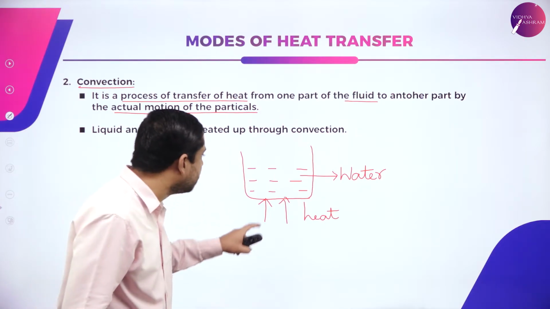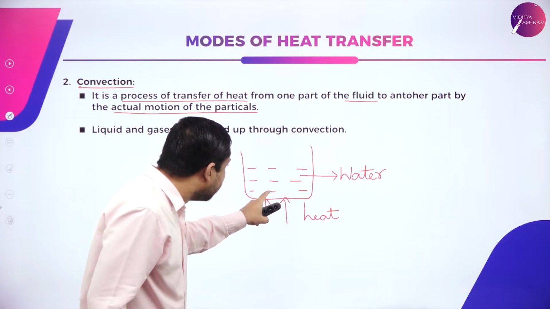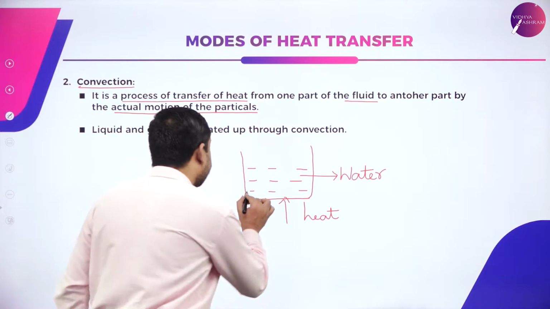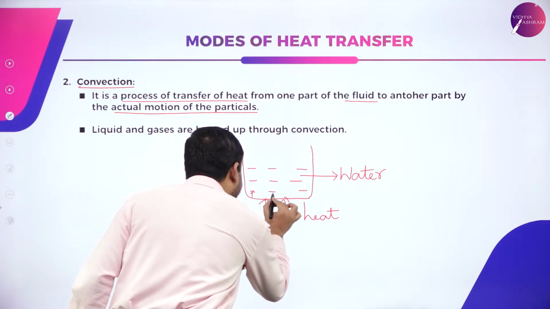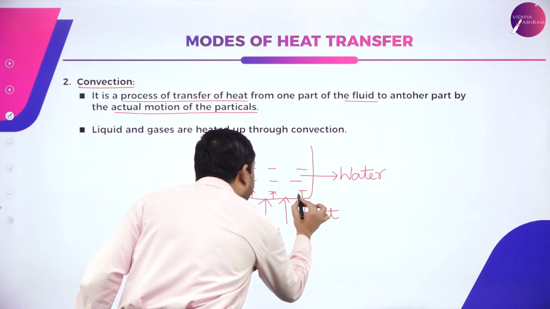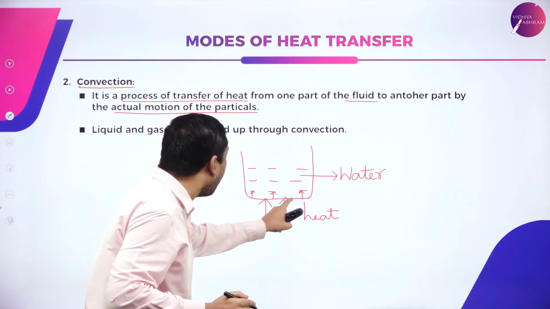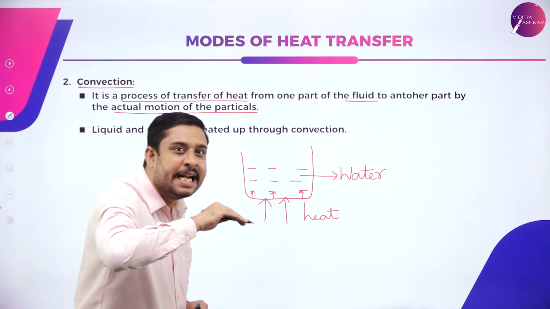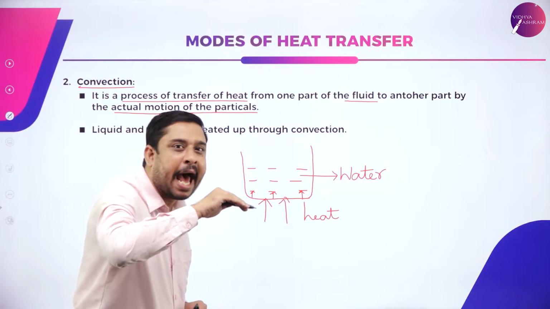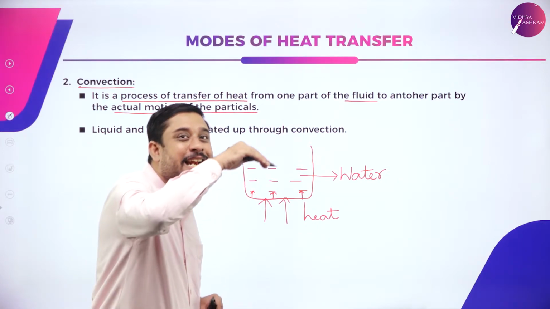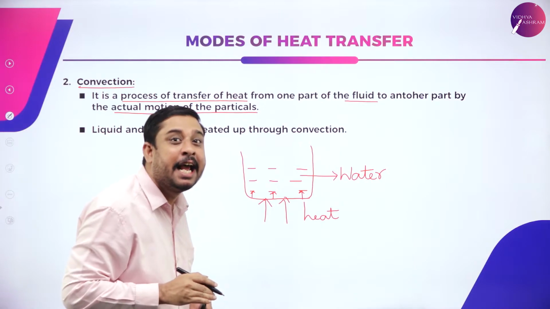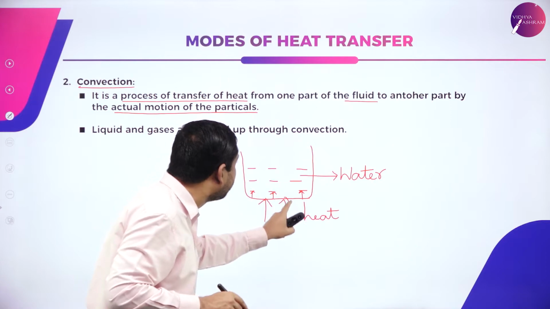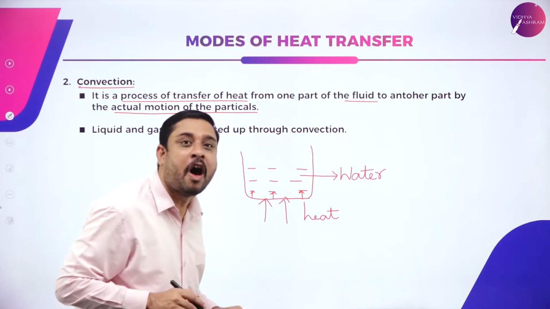Now what happens once the base is getting heated up? Heat is transferred to the first layer of this fluid. From the heated region, transfer of heat happens to the first layer of the water, and this happens by convection. Here there is physical motion of the molecules.